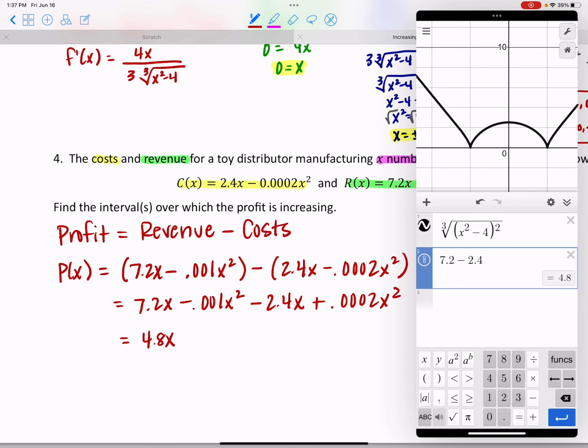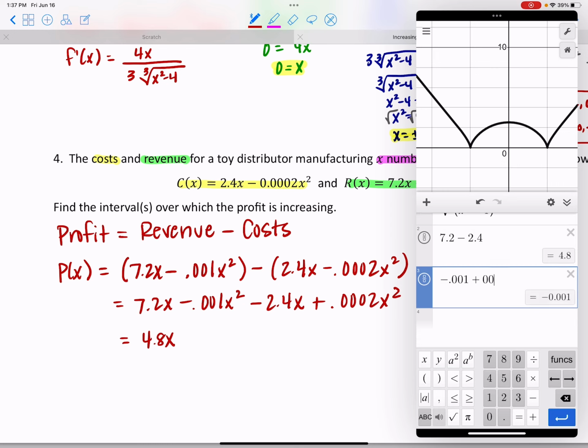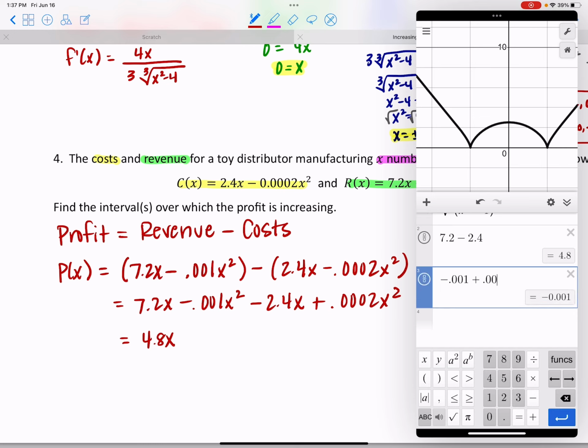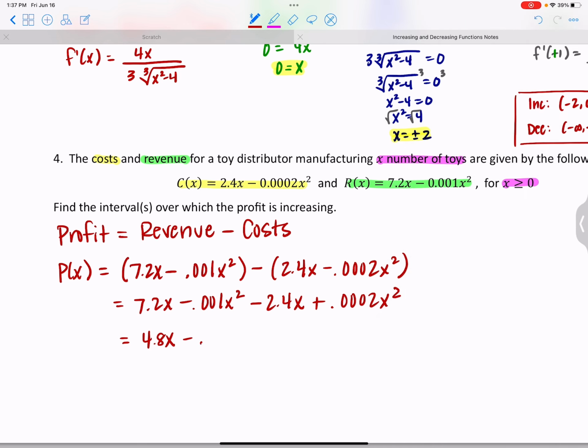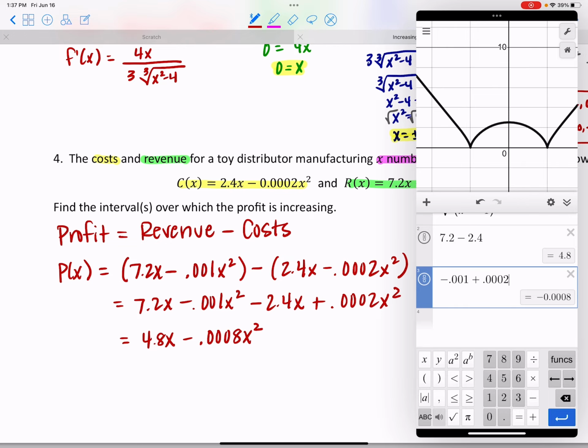And negative 0.001 plus 0.0002 makes negative 0.0008x squared.